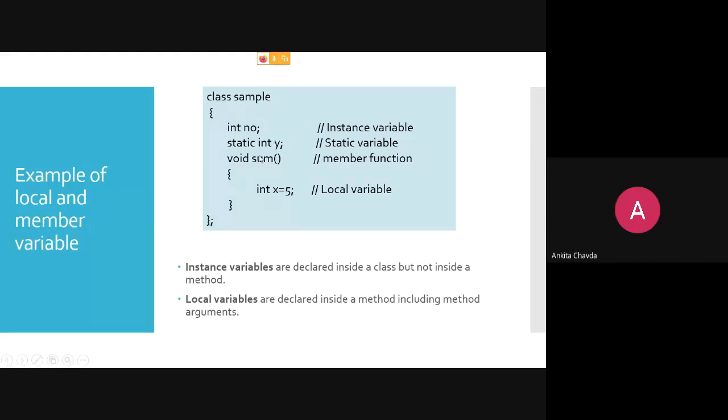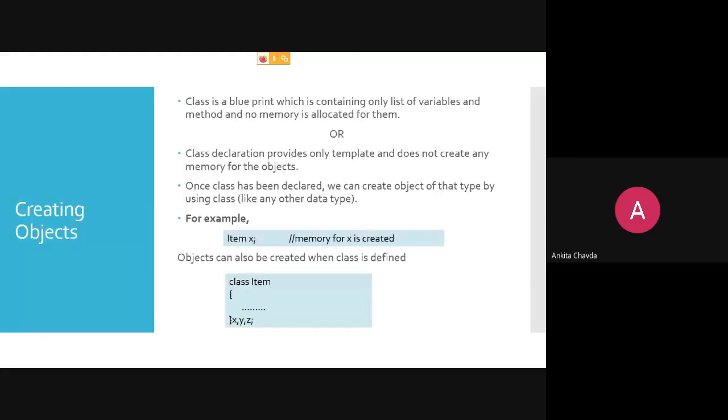But the memory will not be occupied by just writing the class template. In other words, the class declaration provides only the template and does not create any memory for the objects.